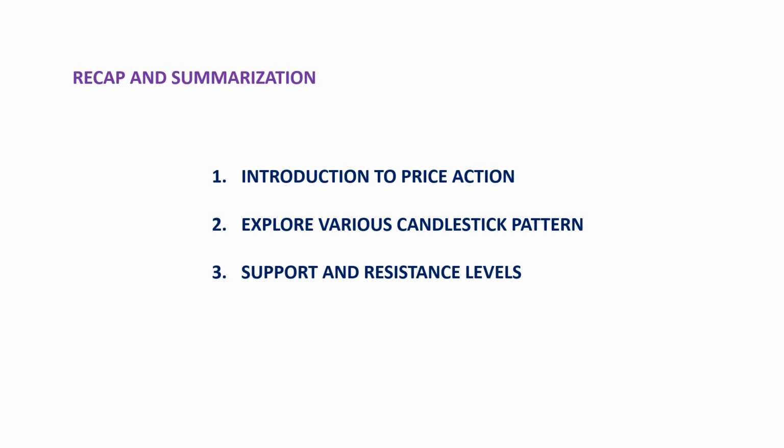Trend analysis was also a crucial topic where we looked at identifying and confirming trends using price action and the role of trend line. Lastly, we introduce practical price action strategies with examples for entries, exit, and stop loss placement. We provide visual illustration to help you understand these strategies.